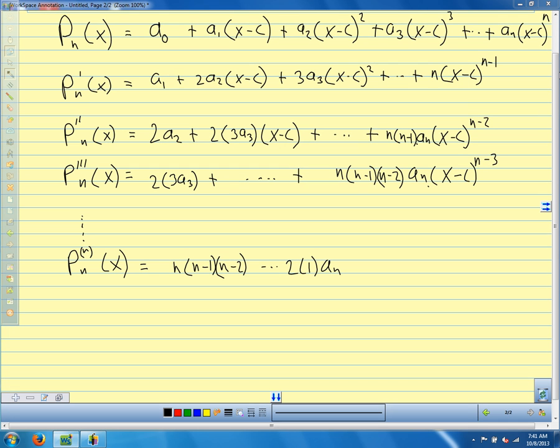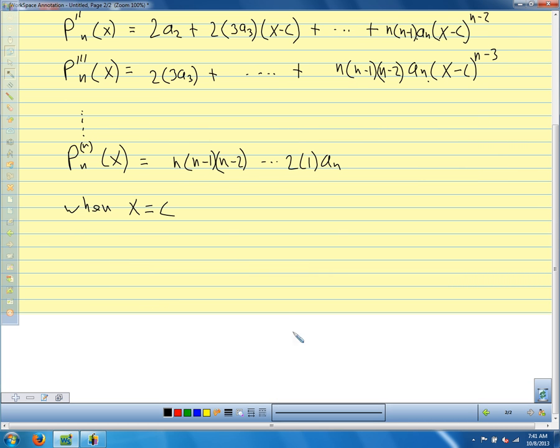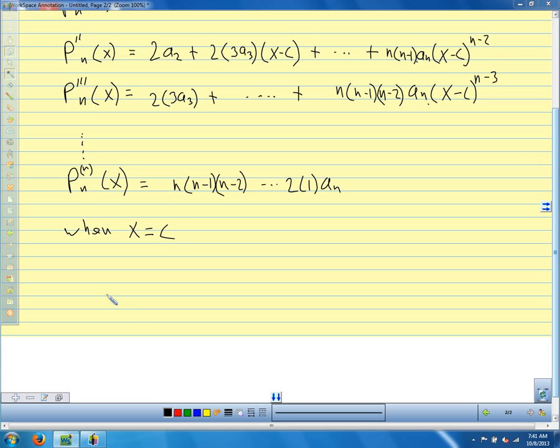And now we're going to equate our function and the derivatives, our polynomial approximation and its derivatives when x equals c. So I'm going to plug in x equals c and equate the function and its derivatives. That was our requirement, that these things agree when x equals c. We pick the point and say these things have to agree at this particular point. So when x equals c, I get that p sub n of c equals a0.